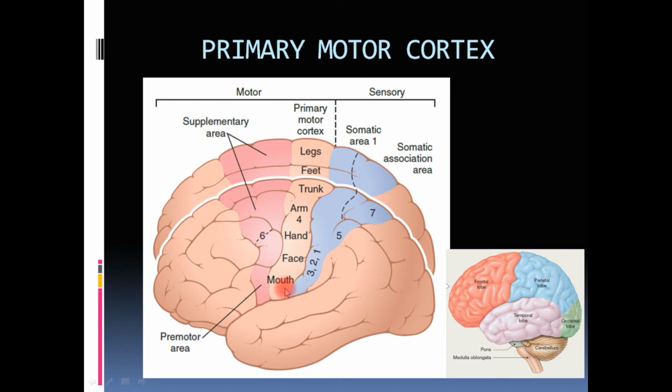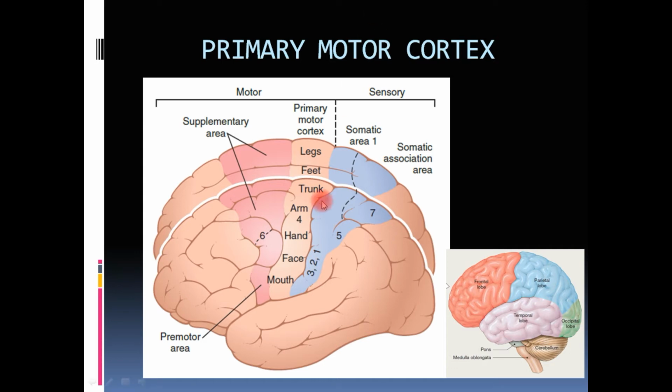As you can see here, mouth, face, hands, arms, trunk. What does this mean? This means that in this area lies the cell body of the neurons which are supplying the muscles of the mouth, face, hands, arm and trunk.